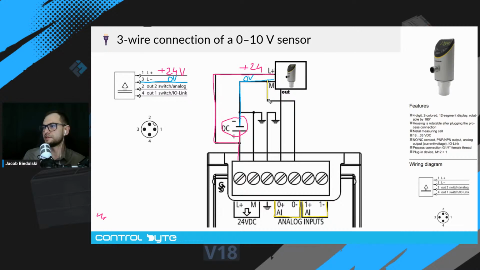So here we connect the first wire. This is the reference potential for this channel, 0 volts, and this is the same potential as the minus on the SMPS, okay?